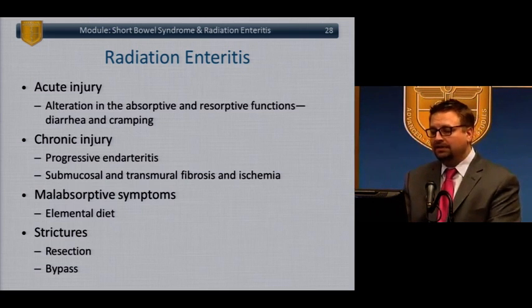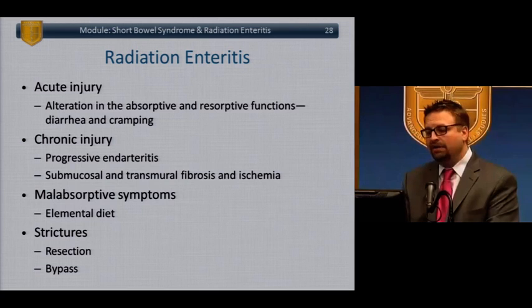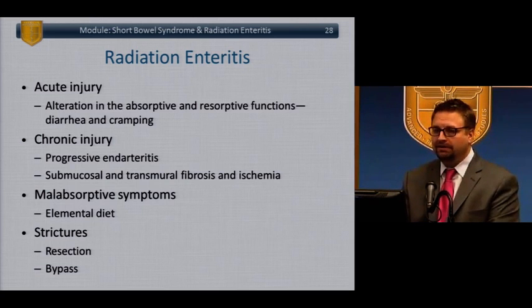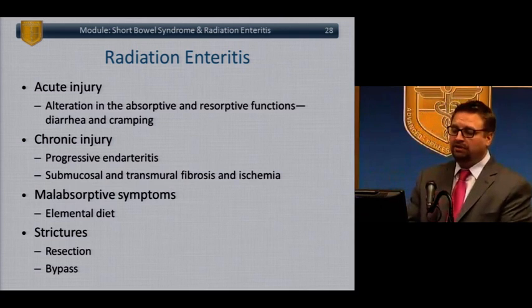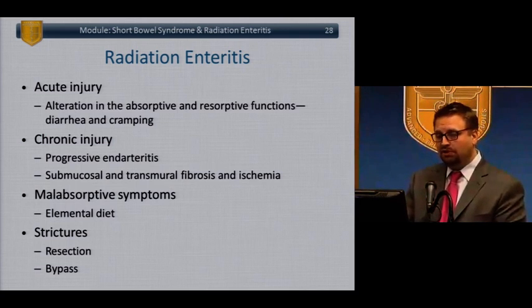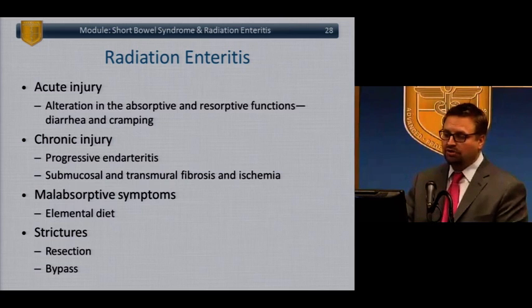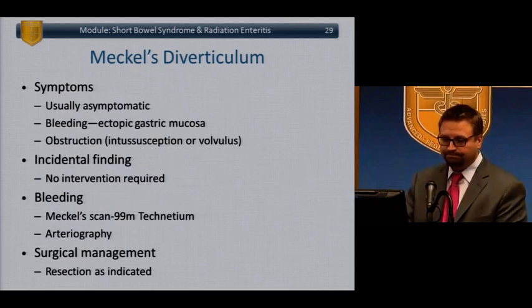A classic example would be a woman who had radiation for cervical cancer and has a loop of bowel densely adherent deep in the pelvis that you can't really remove or dissect out of the pelvis. And so doing a bypass of the segment is usually a good option. The rest of their bowel presumably should be normal, and so bypassing that segment of strictured bowel should help them.